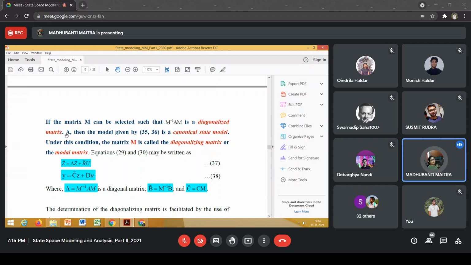The symbol should not be A, the symbol should be this one, which represents a diagonal matrix. Please note the correction. So if the matrix M can be selected such that M inverse AM is a diagonal matrix, capital lambda, this one.